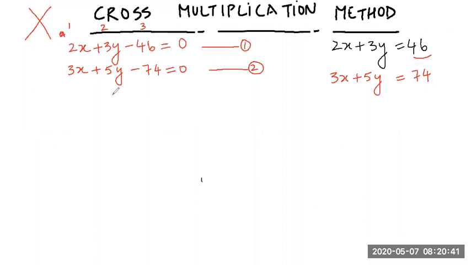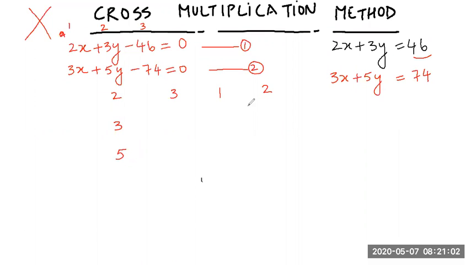See here, very important: 2, then 3, then 1, then 2. Now, what are the coefficients in the second column? 3, 5. So you will write these coefficients 3 and 5.